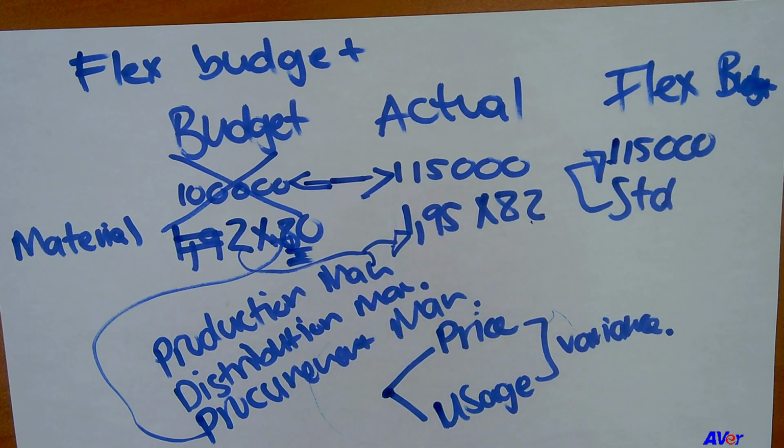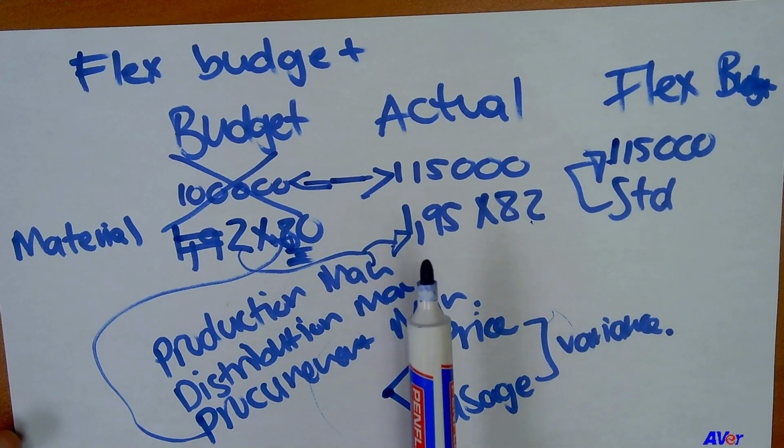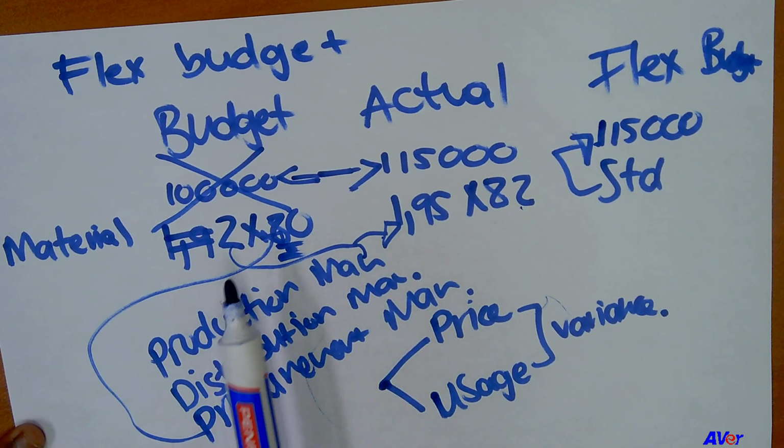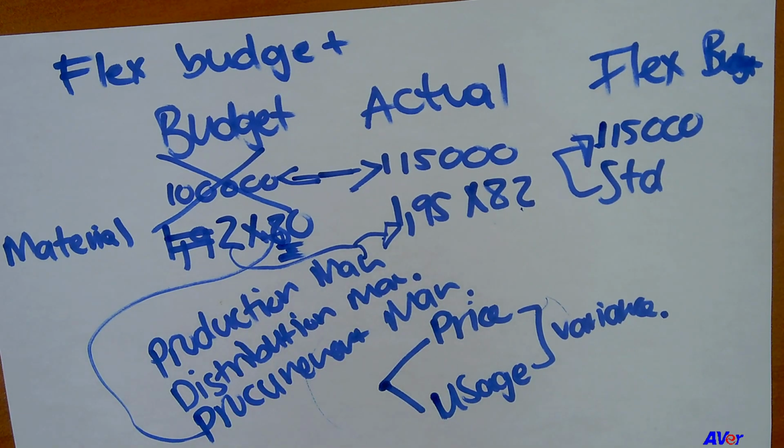Let's focus on the 115 units, and then take these 115 units and apply these standards to them so that we can actually have a fair performance evaluation if you are making the decision in terms of performance, or a fair resource allocation evaluation to say, hang on guys, before we jump the gun and we make incorrect decisions, let us actually assume that we actually budgeted for the 115,000 units and use then our budgeted unit cost, which is actually what the standard is, to see if there is still differences. Okay, that's a mouthful. Let's put it in practice.